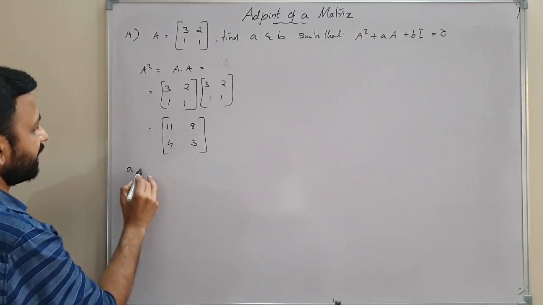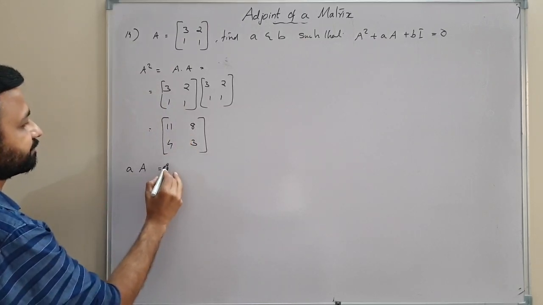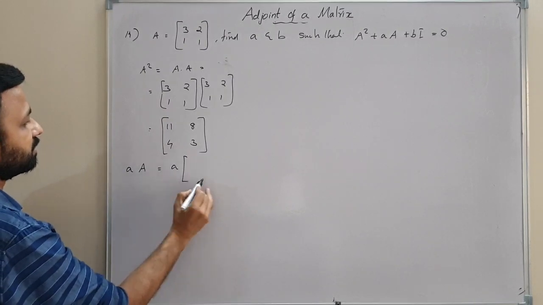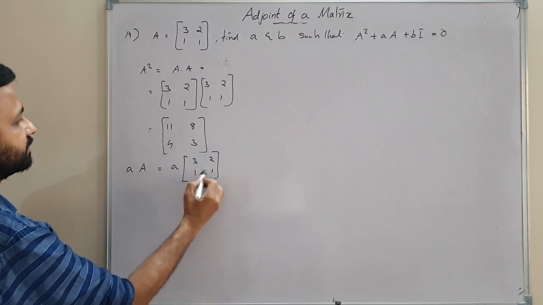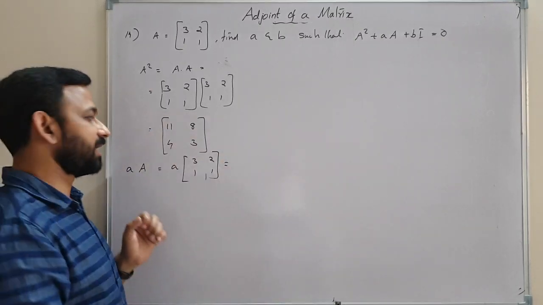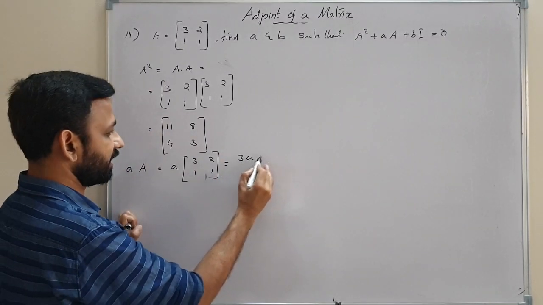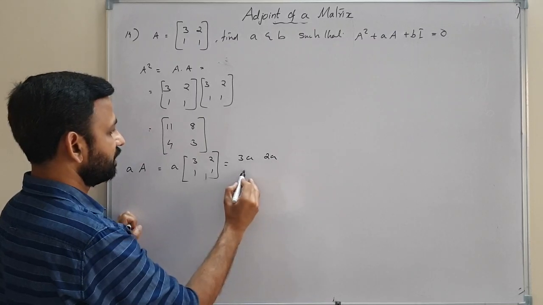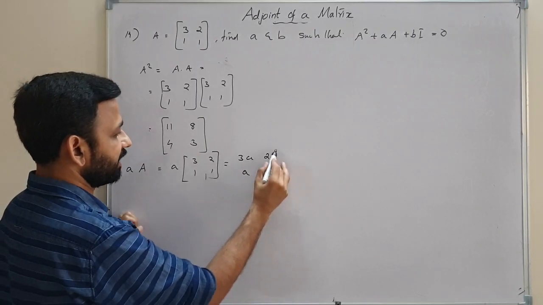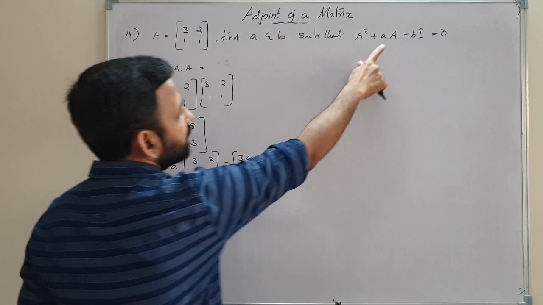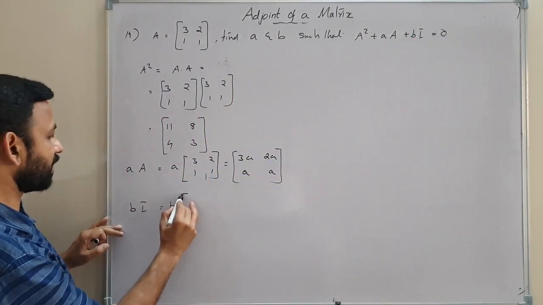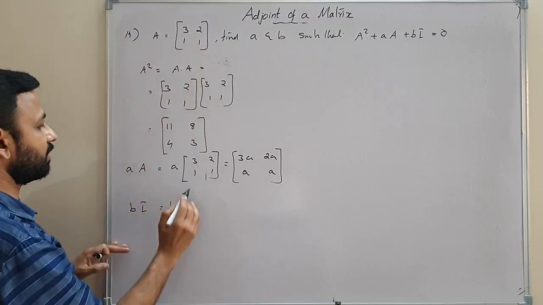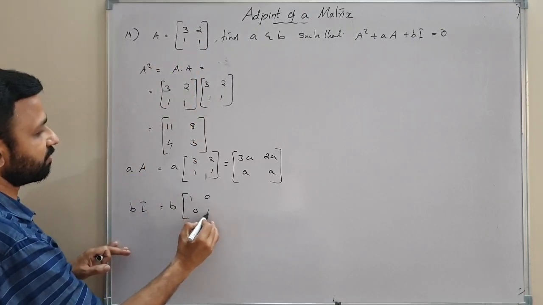Then we can find a into matrix A, that is a into matrix 3, 2, 1, 1. So we can take a inside. So we will get 3a, 2a, 1a, again 1a. Then bI, b into identity matrix of order 2, 1, 0, 0, 1.